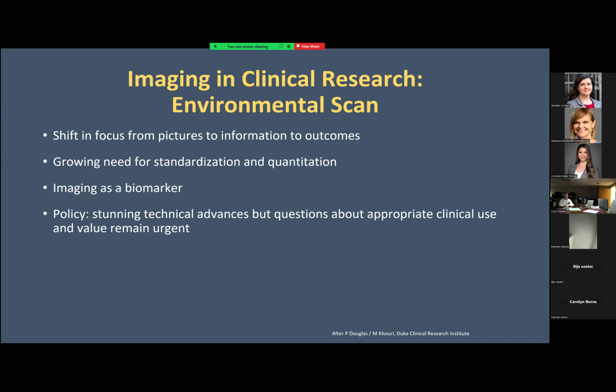From a policy perspective, there's stunning technical advances, but we still are collecting evidence with respect to the appropriate clinical use and value. For instance, in cardio-oncology, we don't have any specific guidelines related to which subpopulation we should image and at what frequency, other than for a few different types of cancer treatments.